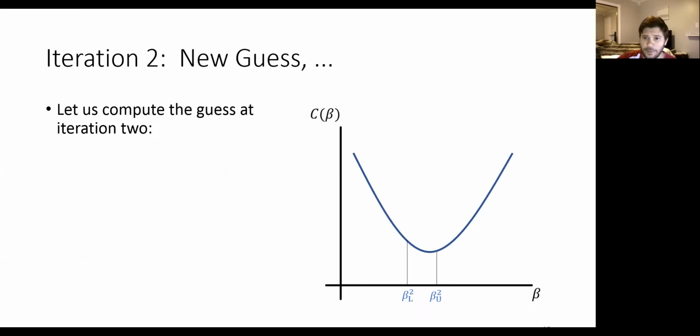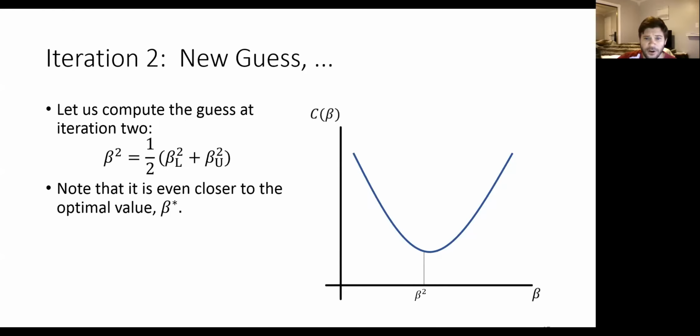We have our lower and upper bound. We can take the average of the lower and upper bound to get beta 2, and that is right in the middle. We can see now that beta 2, out of all three guesses, is even closer to the optimal value beta star relative to our other iterations. That error now is really, really small. We're getting really close to honing in on that solution.